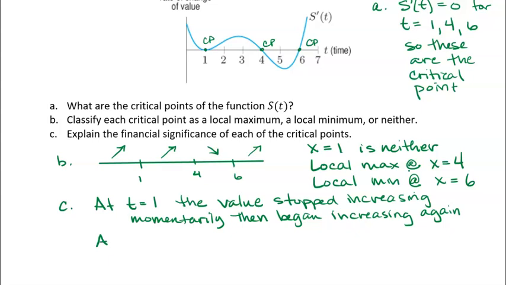Let's look at the next critical point at t equals 4. So what happened there? The value of the stock was increasing, then it started decreasing.